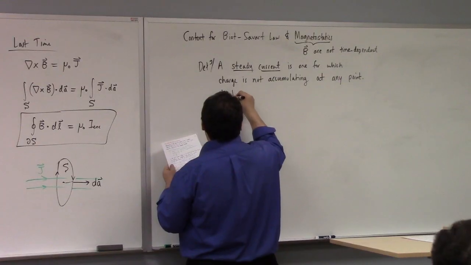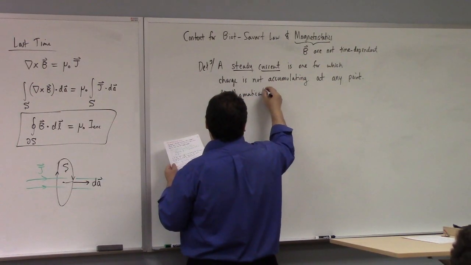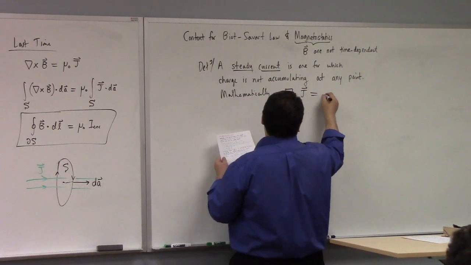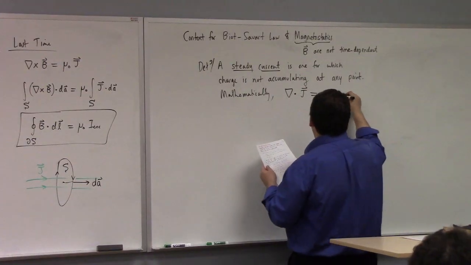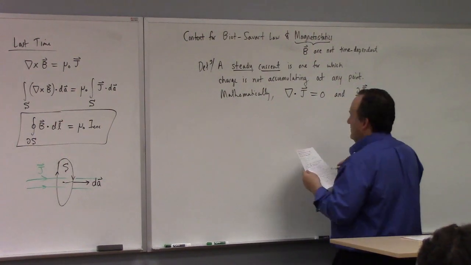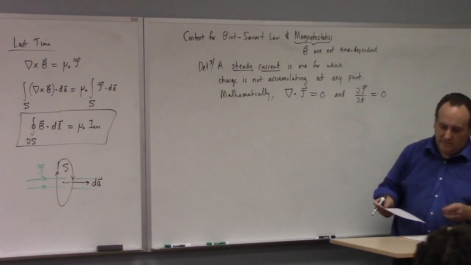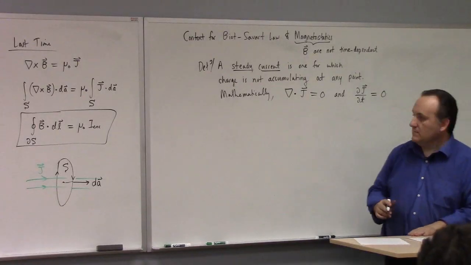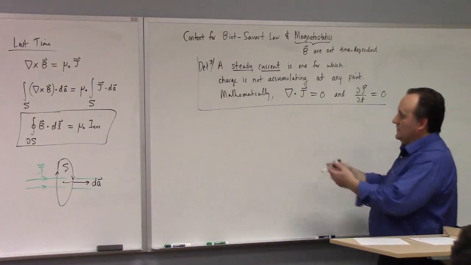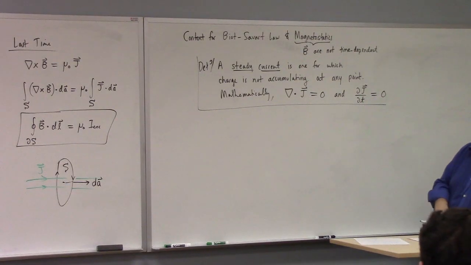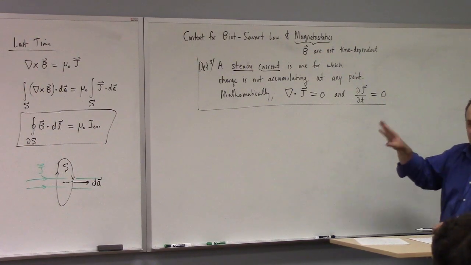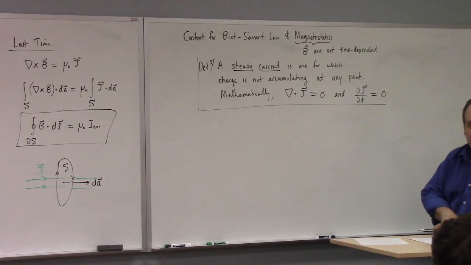So mathematically, we can say we want the divergence of J to be equal to 0, and we also need that J itself doesn't have a time dependence. So these are the conditions we want for steady current. These are the fundamental assumptions of the magnetostatic discussion, that we're looking at problems which satisfy these rules. All right?